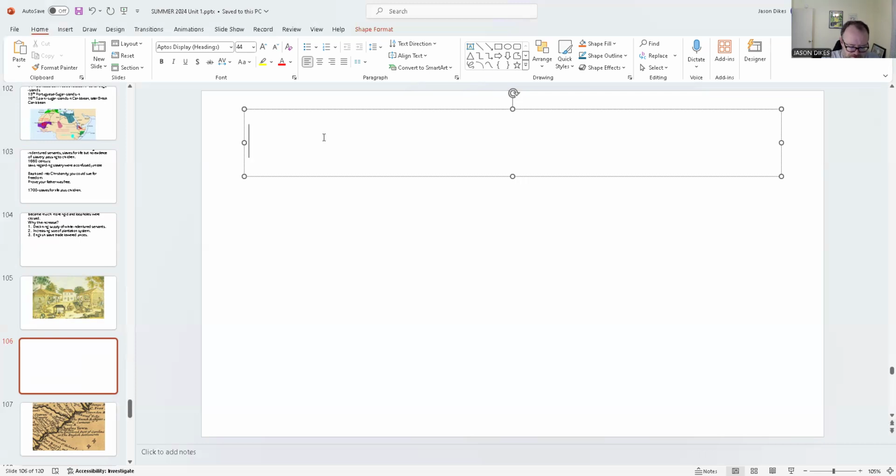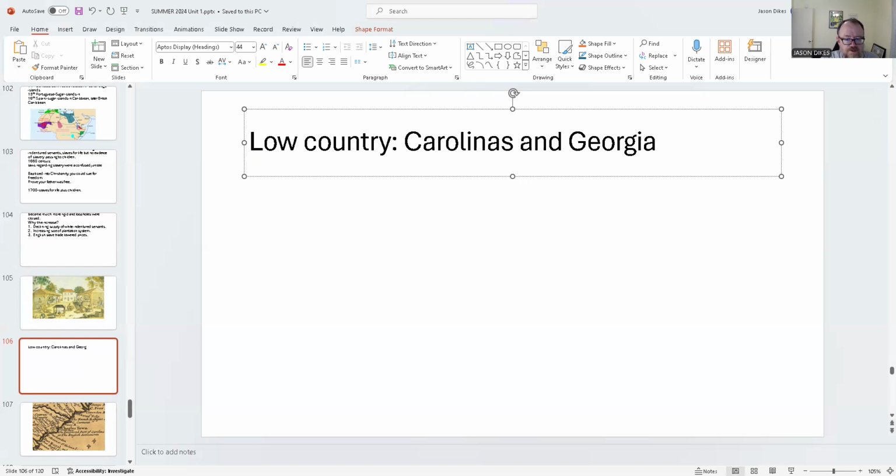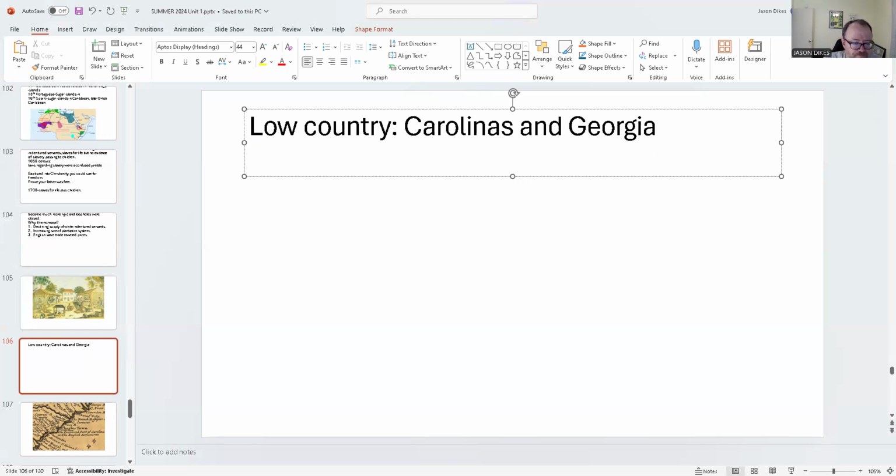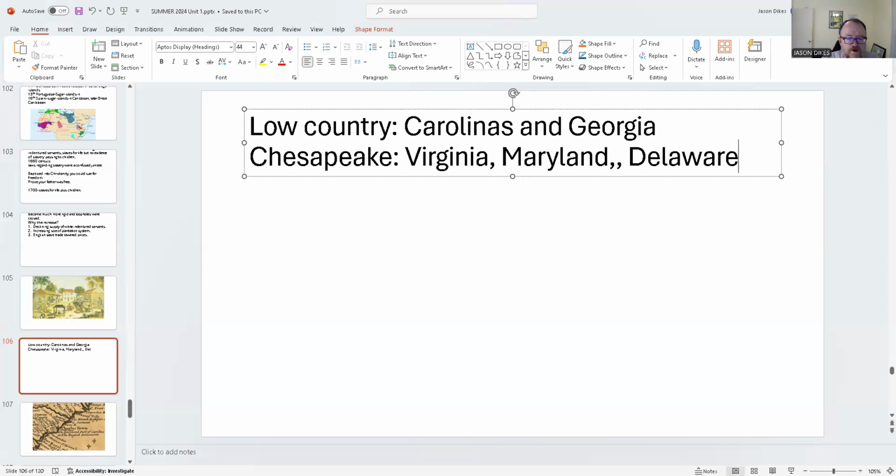So geographically speaking, we have what is called the Low Country, and that is going to be the Carolinas and Georgia once Georgia gets slavery. And then the Chesapeake, and that's going to be your Virginia, Maryland, Delaware region, okay, right where the Chesapeake Bay is.